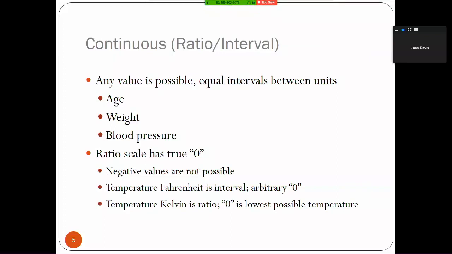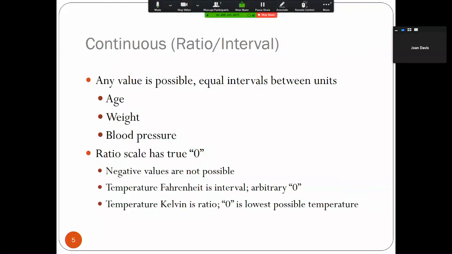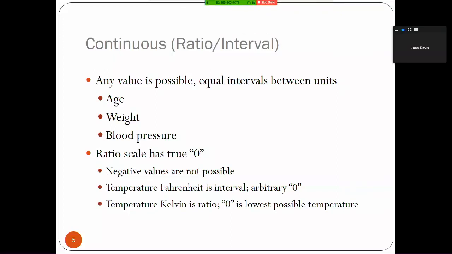Conventionally, we will express them as whole numbers because it's not important to know the units within the whole numbers. Blood pressure is 125/90. But we have instruments that could measure that to 6 or 7 decimal places, but it's not really useful unless it's a research study where you're interested in the minutiae.